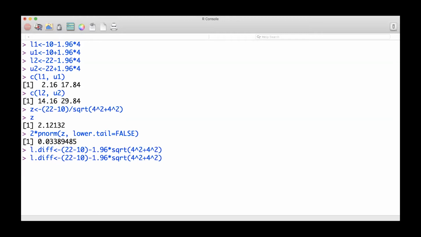The upper limit is going to be that same quantity, except we're adding these terms. Notice that our confidence interval for the difference does not include the value of 0, so our conclusion is the same.